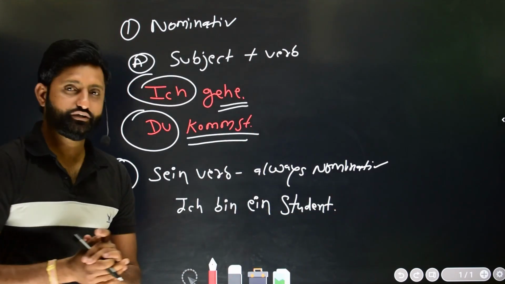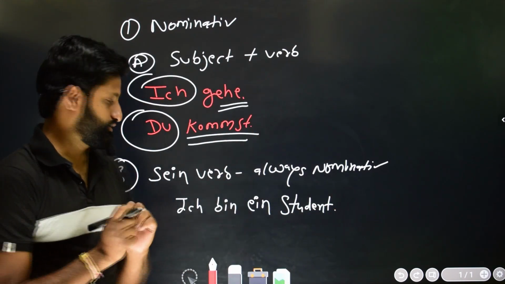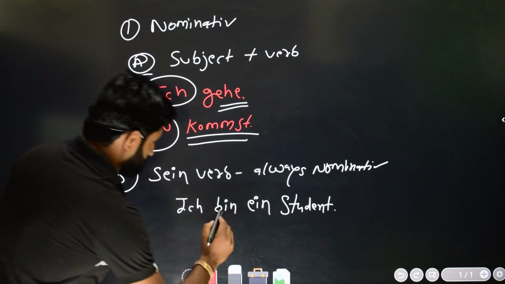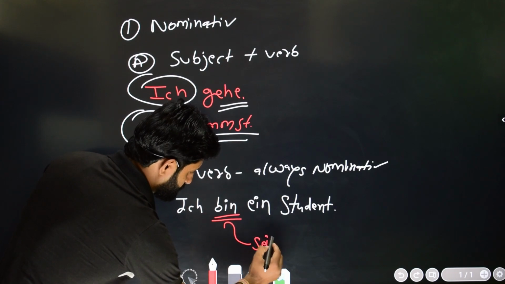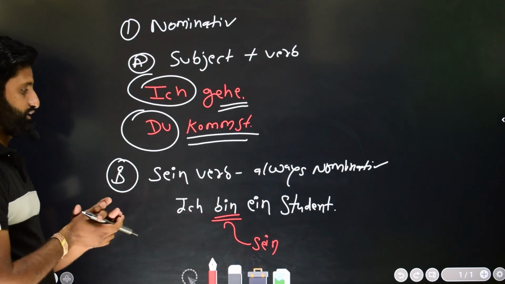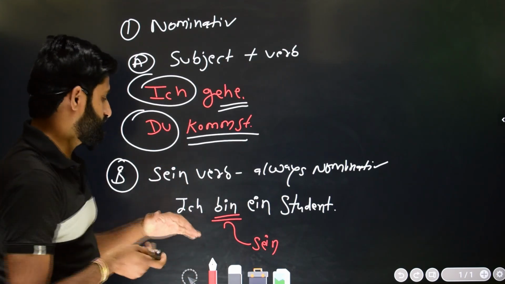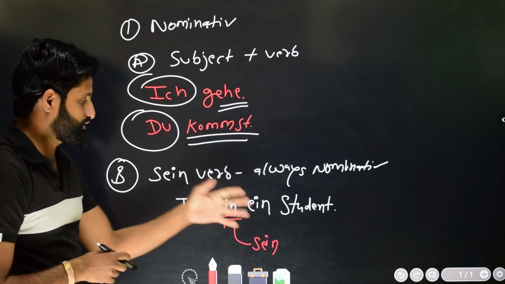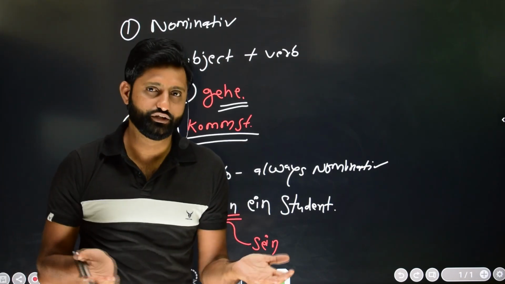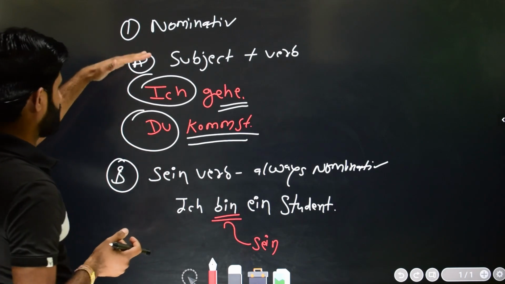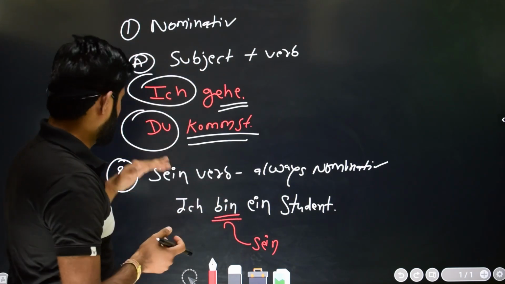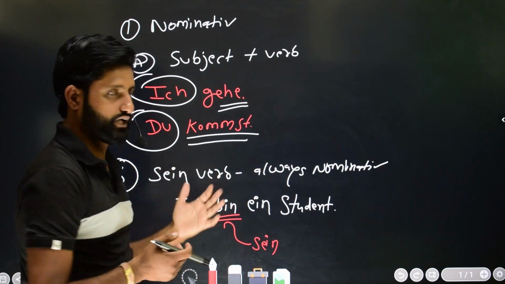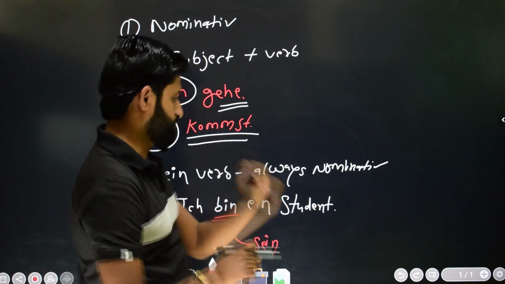Ich bin ein Student means I am a student. So here you can see bin is a conjugated form of sein. So this part of the sentence we can say is a nominative sentence. So we have learned two ways to identify the nominative part. Number one, subject plus verb, or second, the sein verb will always be nominative.